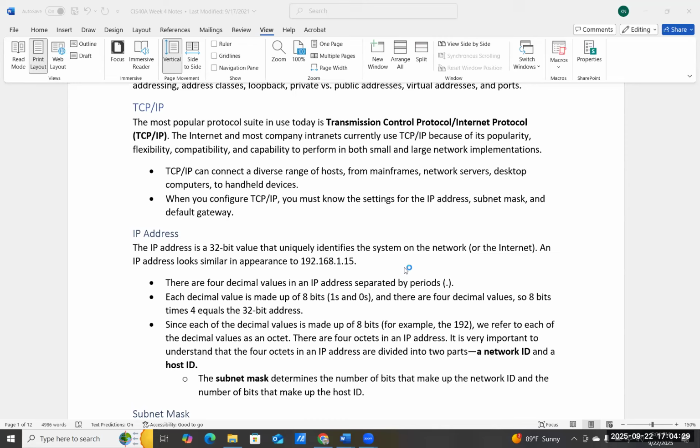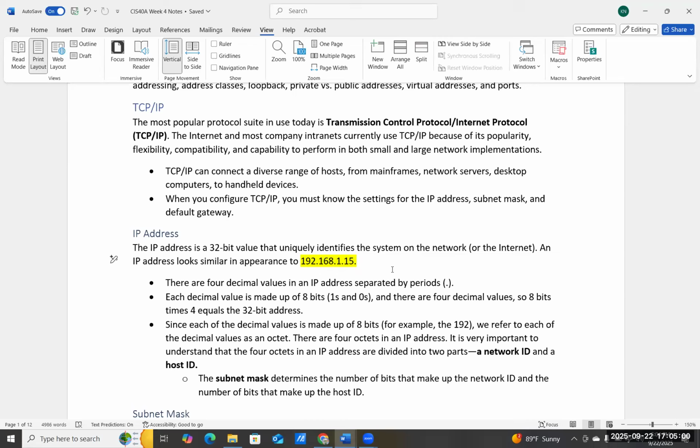So IP version 4 is made up of a 32-bit value. Okay, so when you're looking at an IP address like this one, 192.168.1.15, this is something that you might see on your home network, right? The 192 is a Class C address. It's really designed for a smaller network with fewer systems compared to the other classes. And we'll touch on the classes near the end of the lecture.